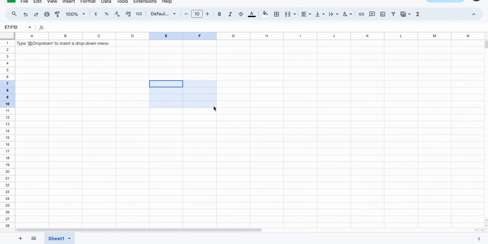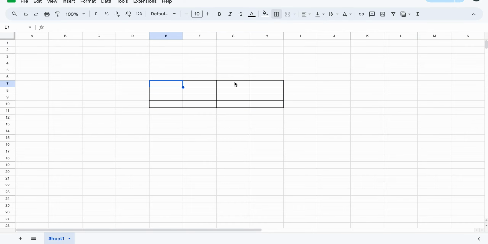So if I consider a 4 by 4 grid, then it would be this, right?